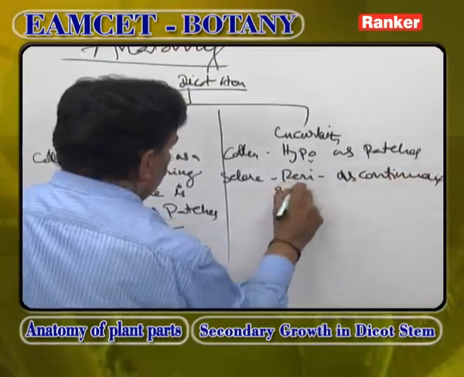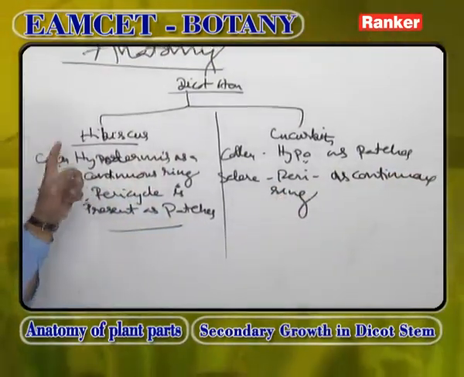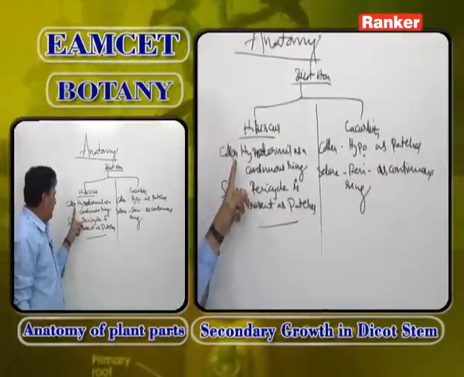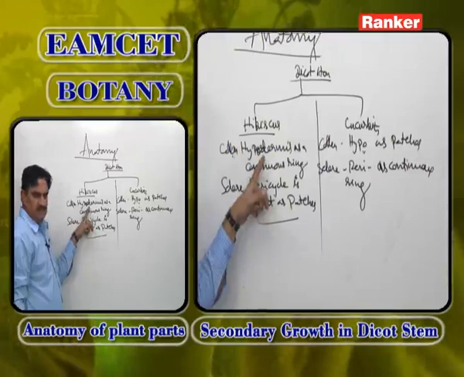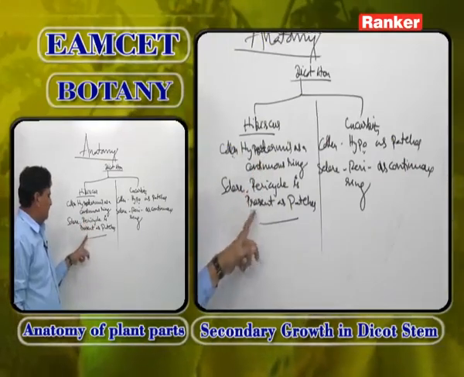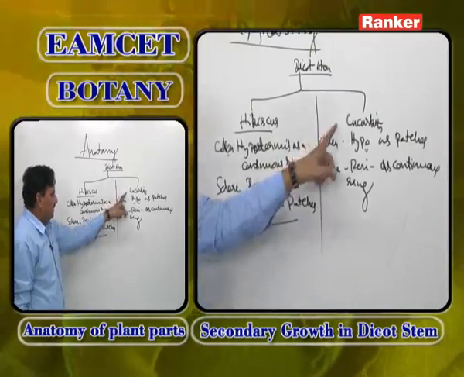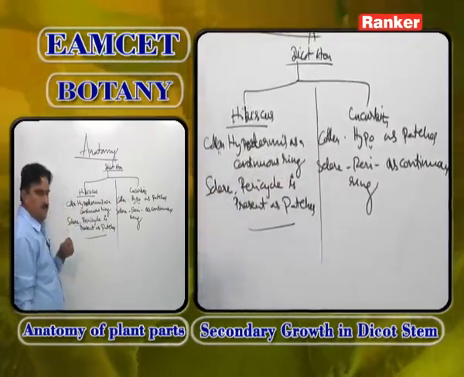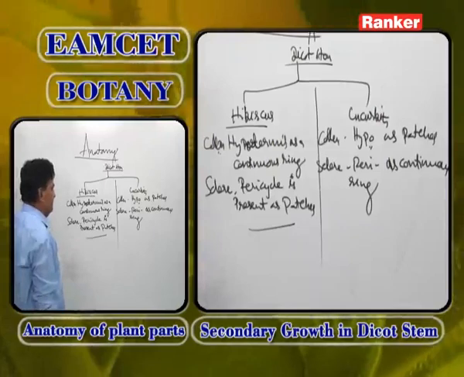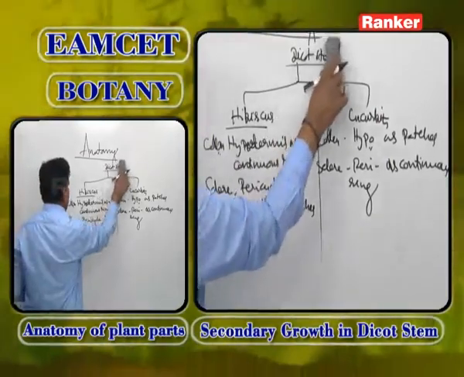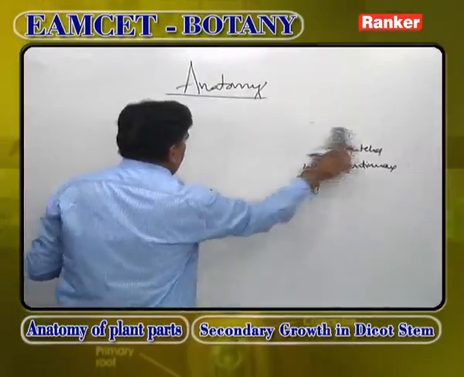So remember these two basic differences. In dicot stems like hibiscus, collenchymatous hypodermis is present as a continuous ring and sclerenchymatous pericycle is present as patches above each vascular bundle. In the case of cucurbits, collenchymatous hypodermis is present as patches and sclerenchymatous pericycle is present as a continuous ring.